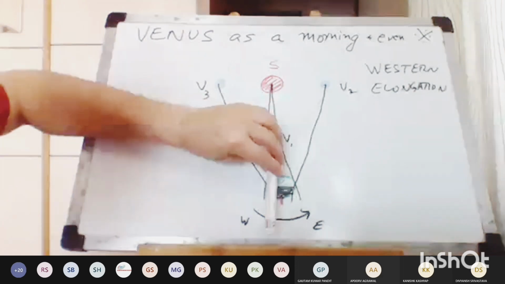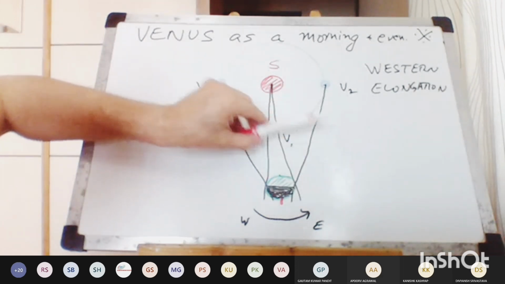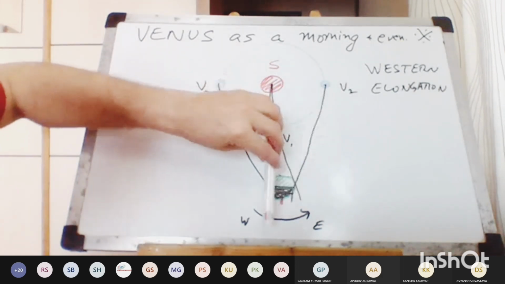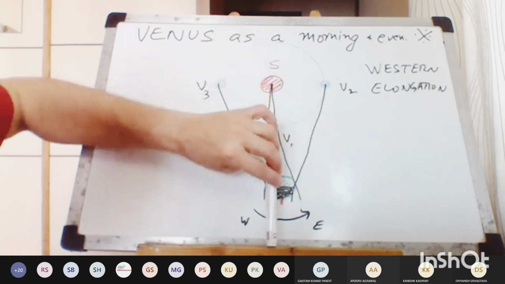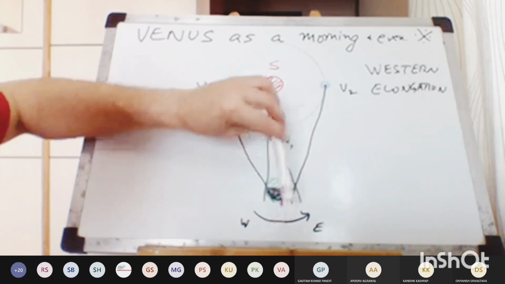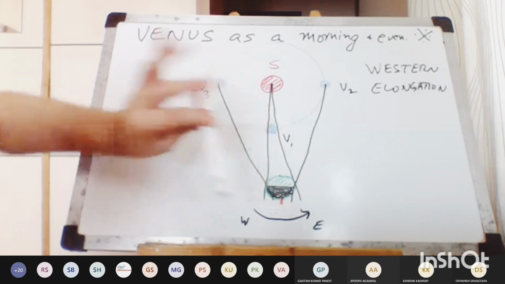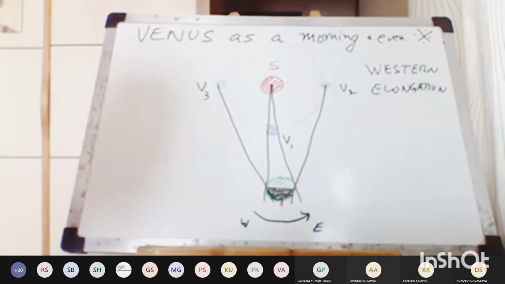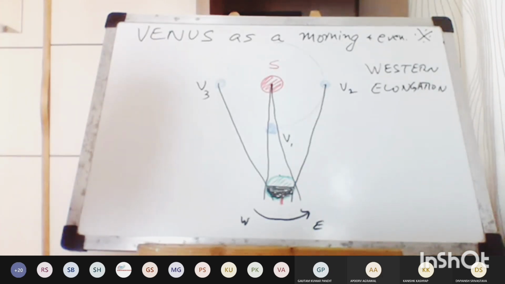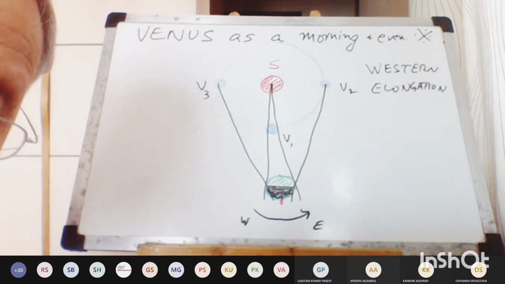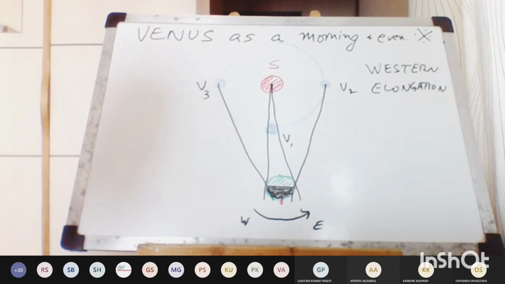You have to look towards the east direction. So during the western elongation of Venus, it is a morning star and it is visible only on the eastern horizon. These are the three conditions which you must remember. When Venus is a morning star, it is visible only in the mornings on the eastern horizon because it has got a western elongation.